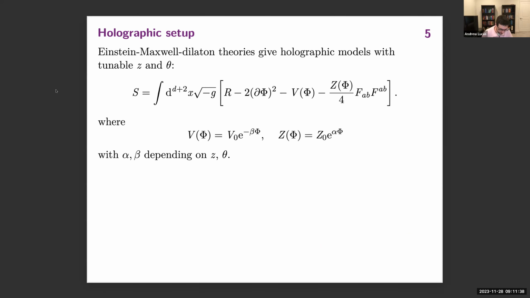The holographic theories that we'll have in mind will always be subsets of, or maybe special cases of, some general Einstein-Maxwell dilaton type theory.